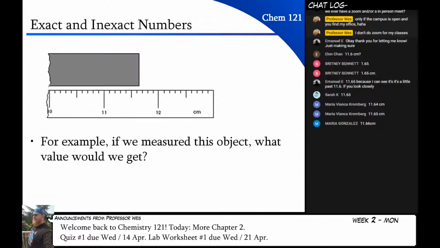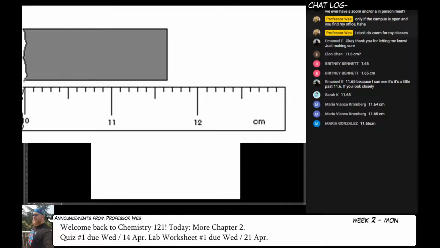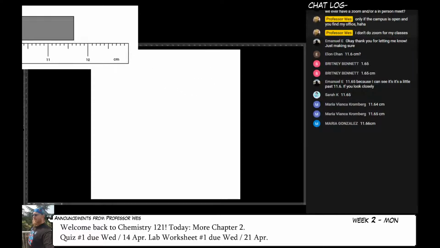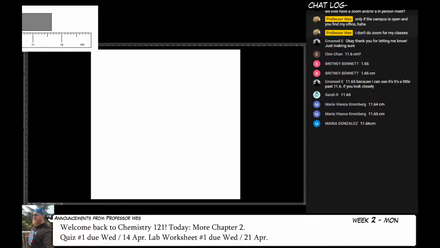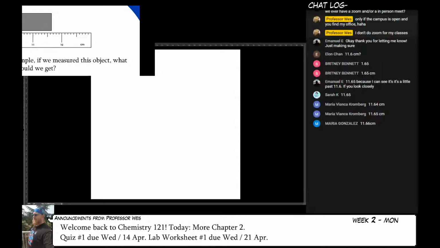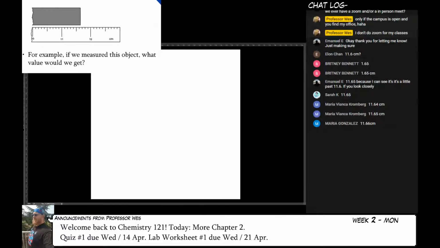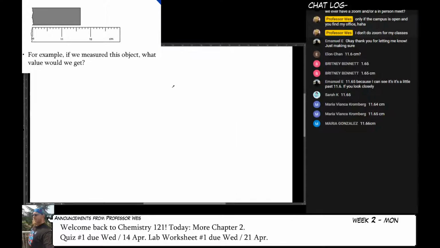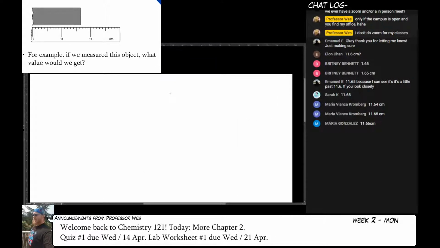All right. So what we're going to do is go back to this screen. I need to make this small again here. And then we're going to write out a set of rules on how to measure anything. Not in pink, though, because that's a hard color to see.